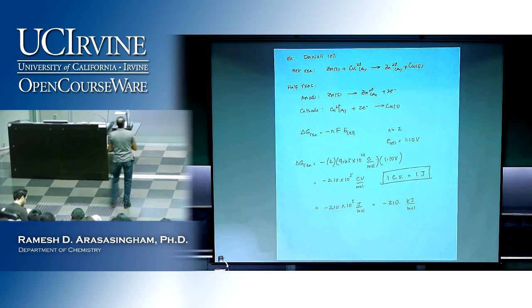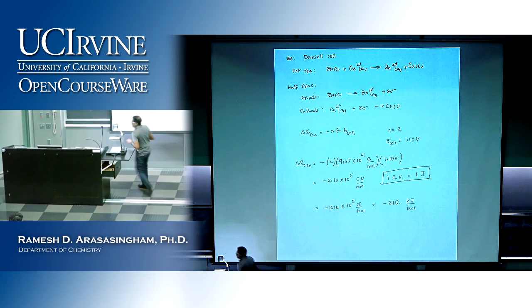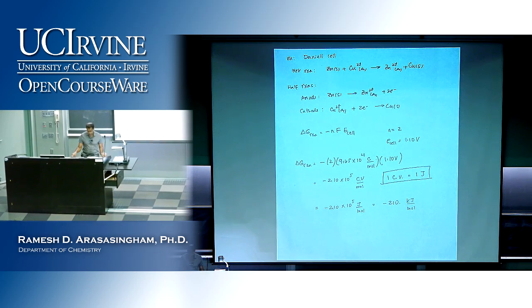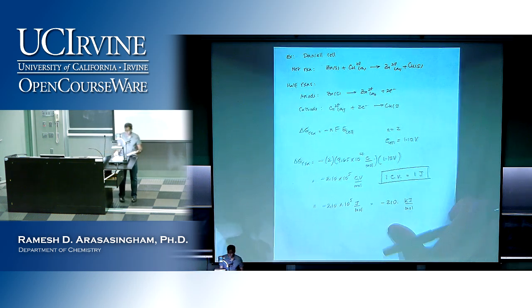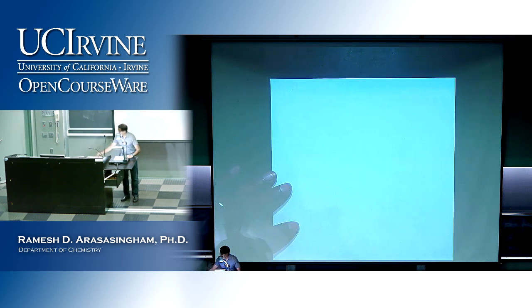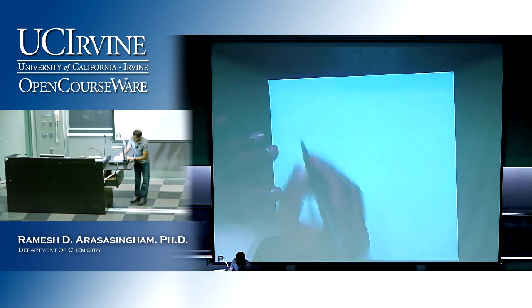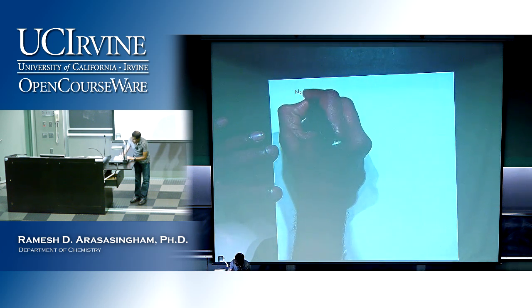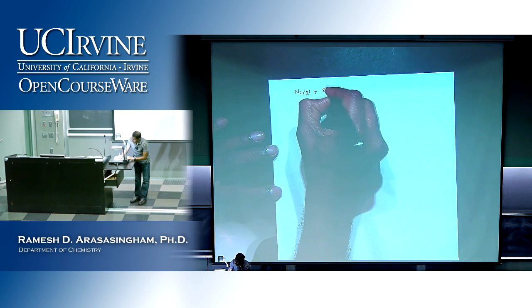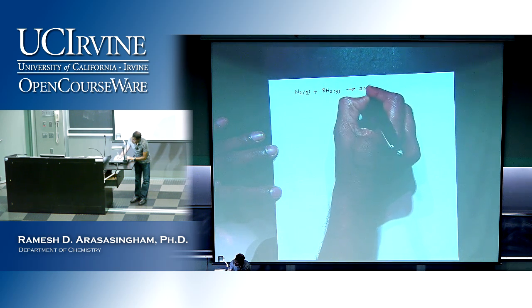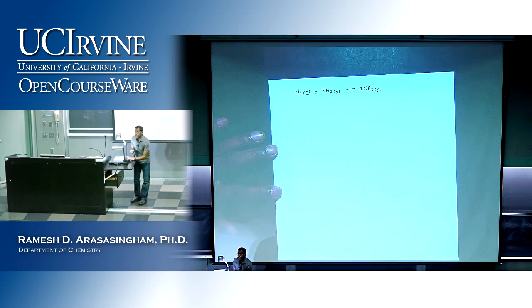Okay, so let's say you're given an example where you're asked to calculate the free energy for a reaction, and let's say we're going to apply this to another example. Let's say for this reaction, we're looking at the reaction of N2 plus 3H2 gas, giving you 2 NH3 gas.